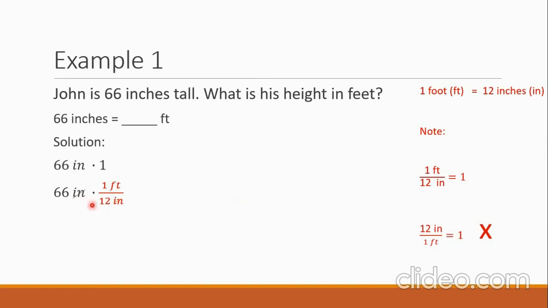If we do that, only the feet unit remains. And then we are now to multiply or to simplify our operation. So this is 66 times 1 is 66. See, the feet is the only unit that remains here, divided by 12. So 5.5 feet is the final answer.